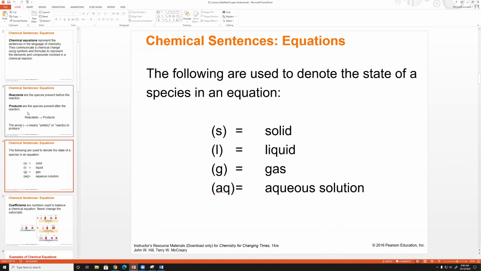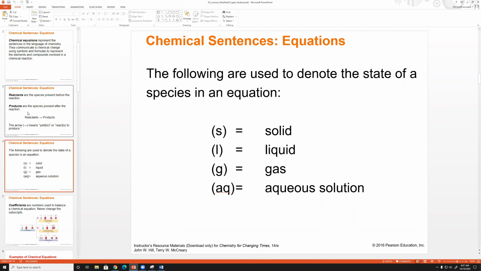Now, if we're doing a reaction of water, we're going to have it in AQ. What these mean is they just tell us the physical state of the compound or molecule in the reaction. So they're not to be confused with any type of element. It's not something that you need to balance in the equation. It's just the physical state. So it doesn't affect the way you read the equation at all.